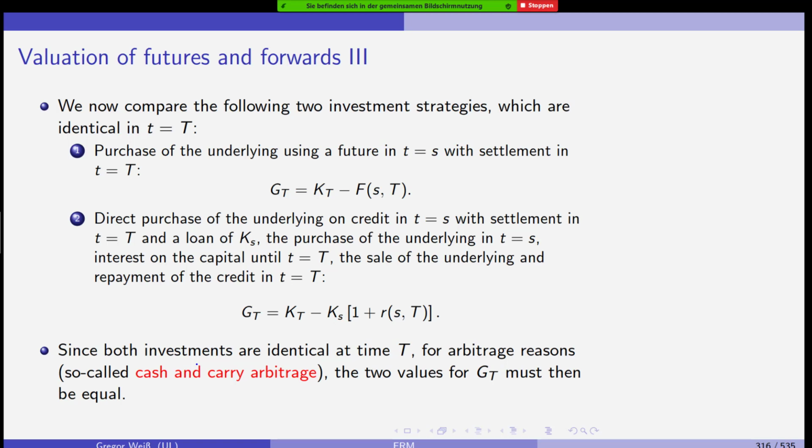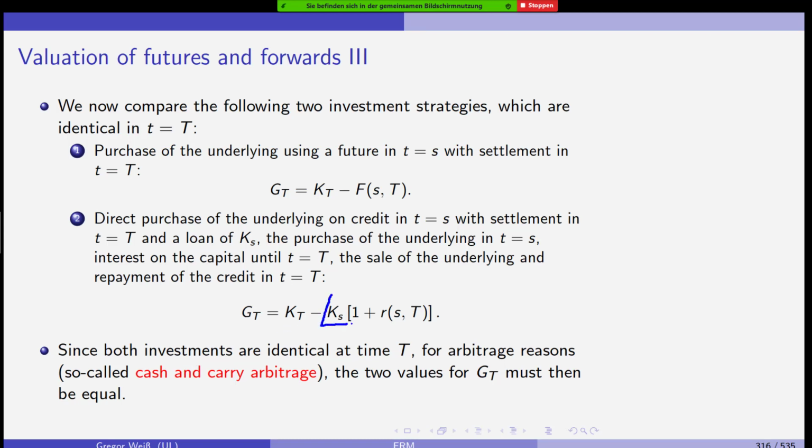We let it sit around, and then at maturity, we still own the underlying. We can sell it at the new spot price, K_T. And what is our profit or loss? Well, we get as a payment the spot price, K_T, and we still have to pay back the loan. The loan is this.